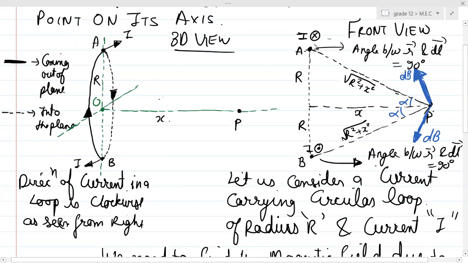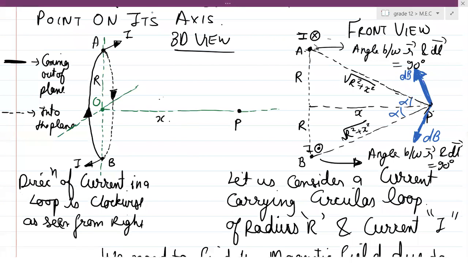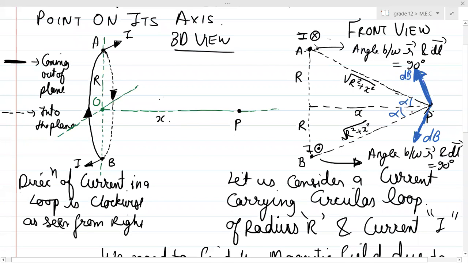Yes or no? Now tell me this particular thing: if these two are alpha, what is this and this? If this is alpha, then what is this?